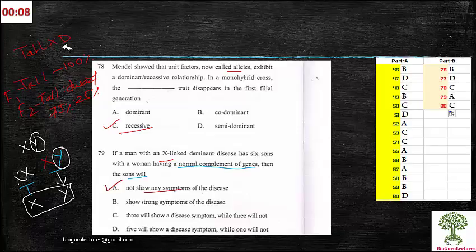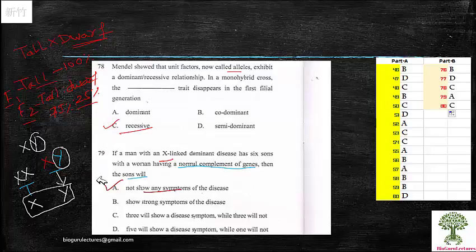When he crossed both of these, in the first generation he did not see any dwarf plants. Hence in the F1 generation they formed hybrids, and in the F2 generation they showed 25% dwarf characteristics. Hence, the one hidden in the F1 generation is recessive.